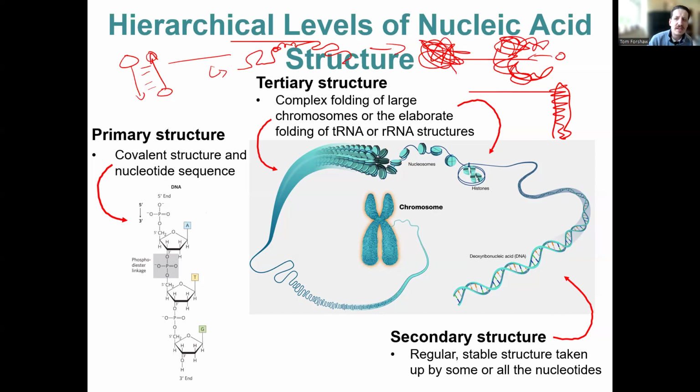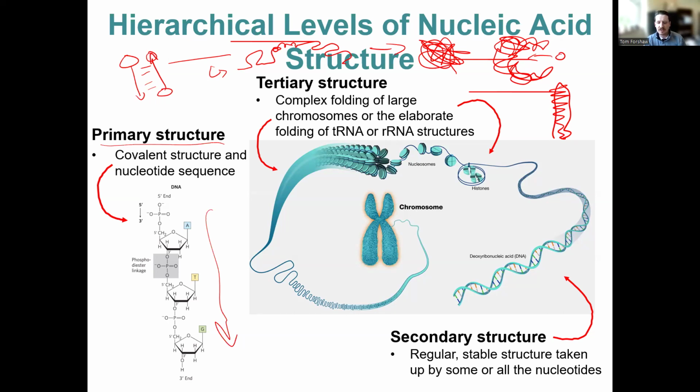So in the same way as you had the primary, secondary, and tertiary structure of the polypeptides and amino acids to proteins, you've got the same thing with the nucleic acids. You have the primary structure, which is just the nucleotide sequence running 5 to 3. And that was just to say A, C, A, G, C, A, C, G, A, T, something like that.